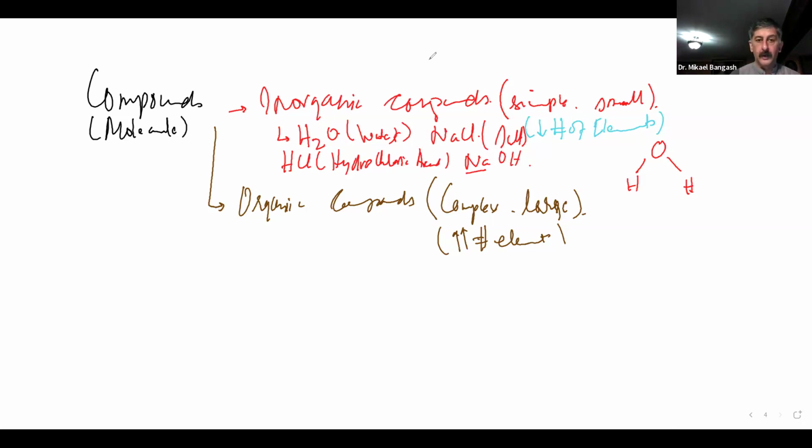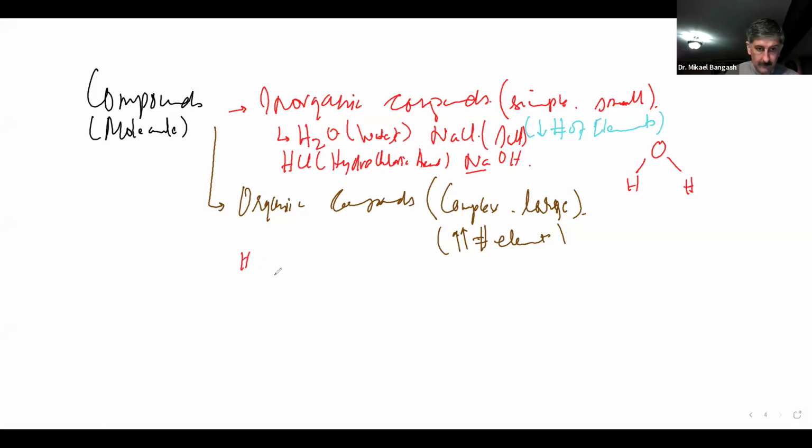If you look into chemistry books or texts, you may see a bigger, longer chain of atoms, and it can go on and on.